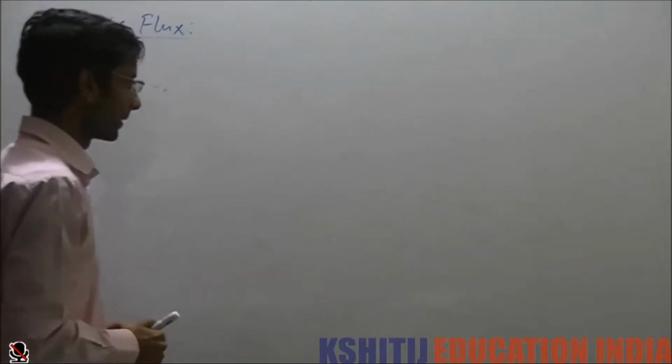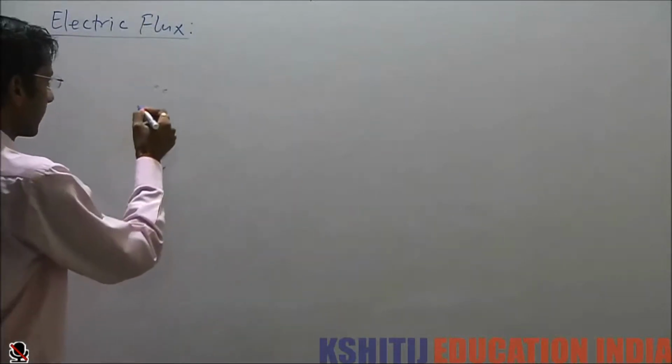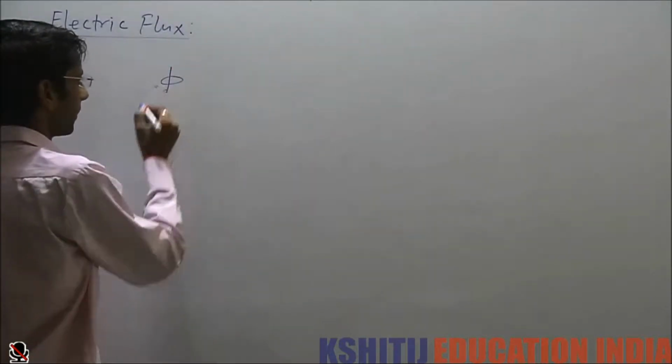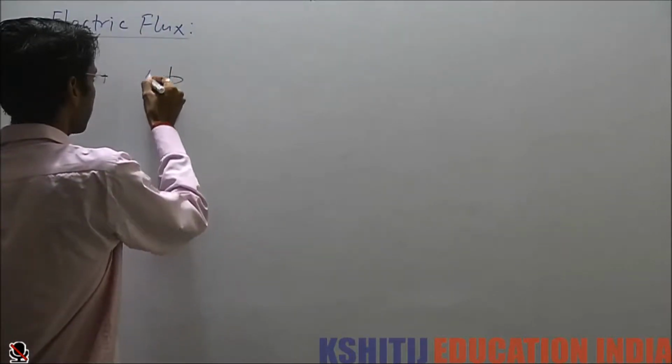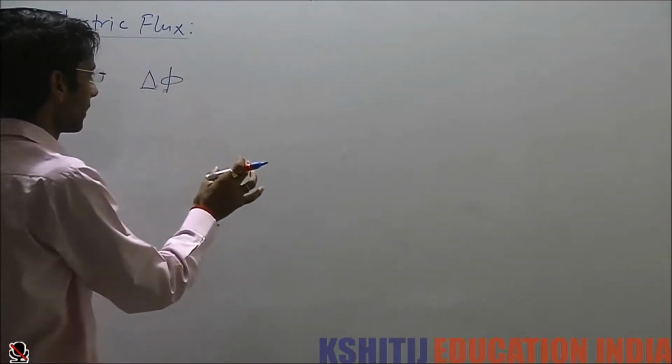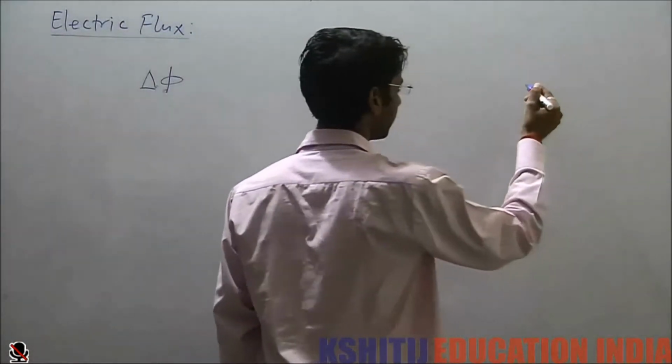So here we determined in the previous discussion that this electric flux will be measured by the letter phi, and this turned out to be the change in electric flux out of the surface.